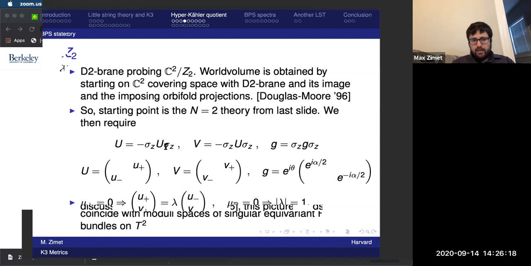Mathematically, this is just the image of the non-trivial element of Z2 in the regular representation of Z2. But the point is, sigma z is computationally a bit nicer, and sigma z and sigma x are just related by a change of basis. So we prefer to work with sigma z.